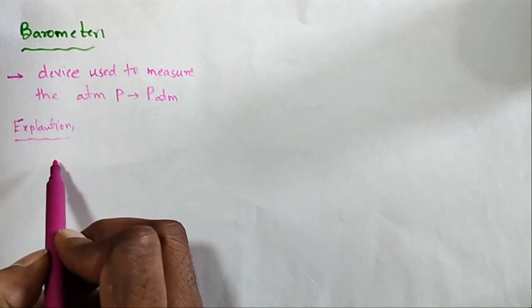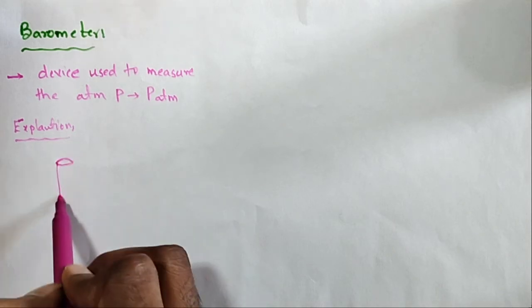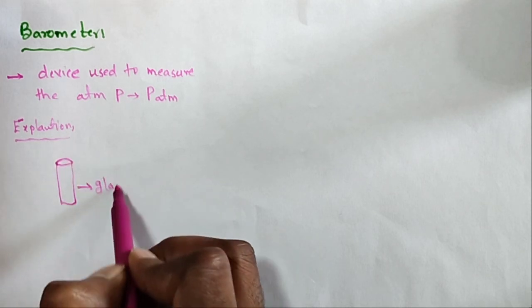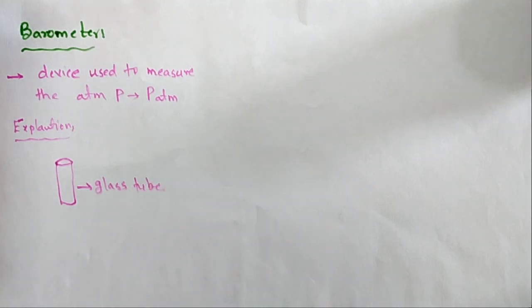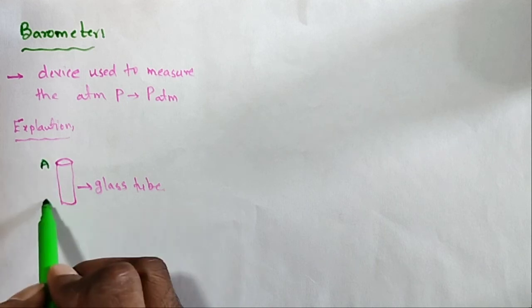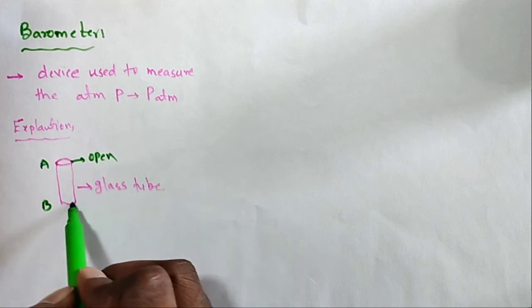First I am taking a glass tube. All of you listen, this is a glass tube. This glass tube has two ends, one end A and another end B. One end is open and the other end is closed.